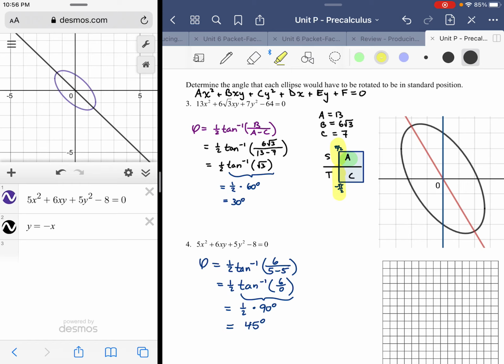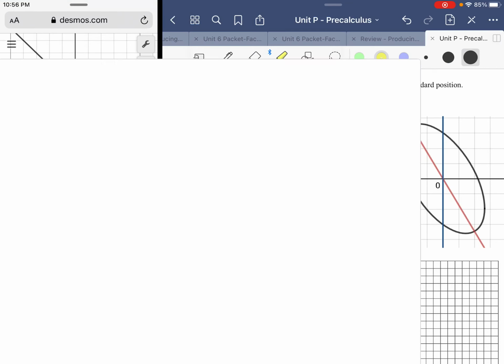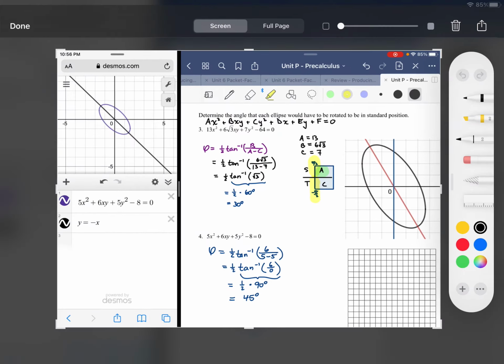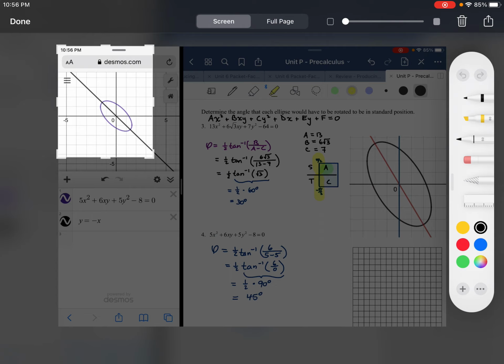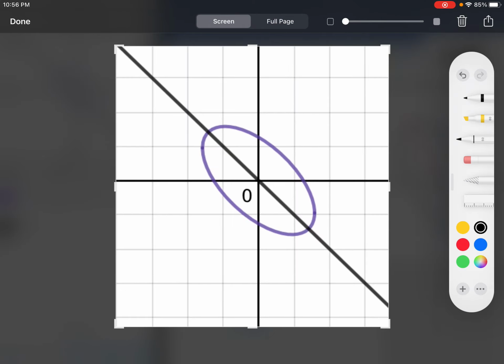So you could actually make a case that this was a wide ellipse that was rotated in the negative direction, or it was a tall ellipse that was rotated in the positive direction. Either way, you can make a case. But the bottom line is that it was rotated 45 degrees, and that's really all we care about.